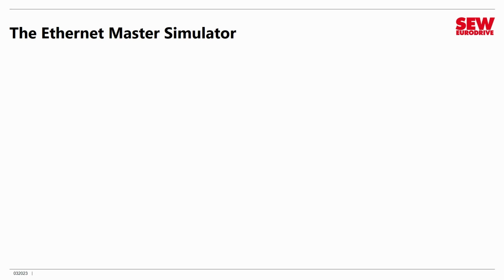All right, now let's talk about a tool that SCW offers, and you can download this from our website. In fact, I've included a link in the description where you can get a copy of this. It's a program called the Ethernet Master Simulator, and it is used to simulate a PLC talking to a VFD. It runs on a PC. It's a Windows application. So you can just put it on your PC, connect your PC up to the Fieldbus card on a Movi Drive B, and you can pretend your PC is actually a PLC.